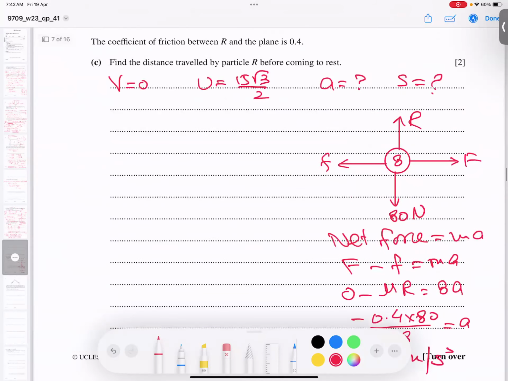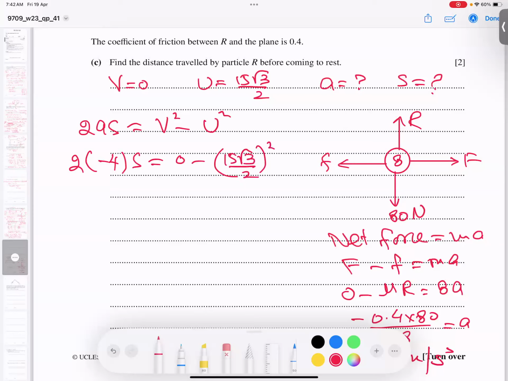So I got it; acceleration I can now find easily. 2as equals v squared minus u squared. So -4, s is my target. Last velocity is 0. u is 15 root 3 divided by 2, squared. So this is the -8, and I am typing in my calculator. One minute, please.